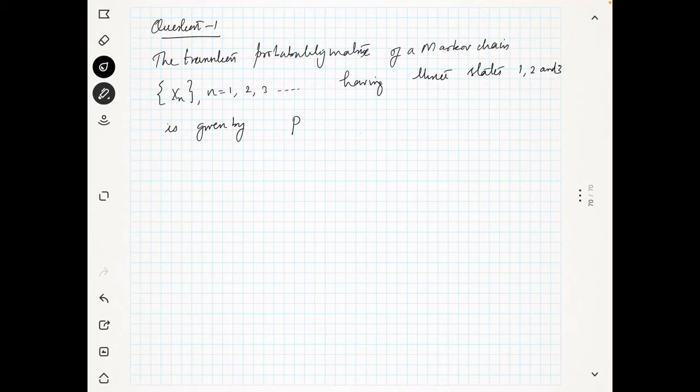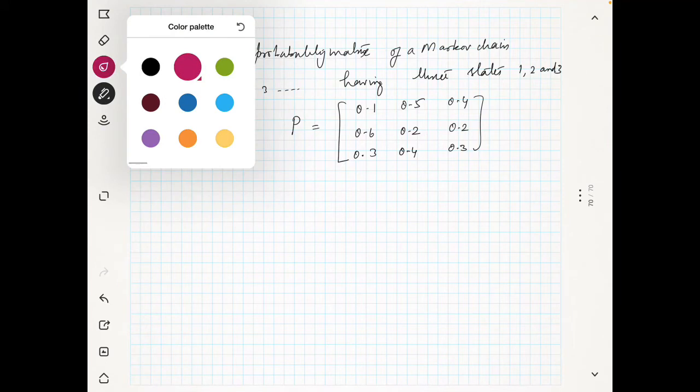The matrix is 0.1, 0.5, 0.4; similarly 0.6, 0.2, 0.2; and 0.3, 0.4, 0.3. We have already discussed the transition probability matrix and its meaning.